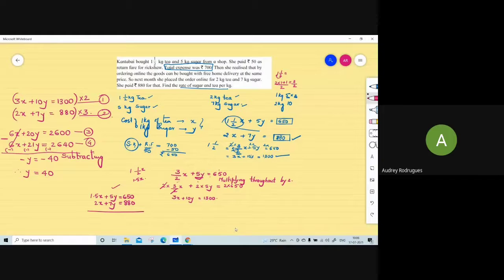Okay, Ankit, did you get the value of x? So I'm solving. I'm adding both the terms, then I get my answer, then I tell you. Okay.